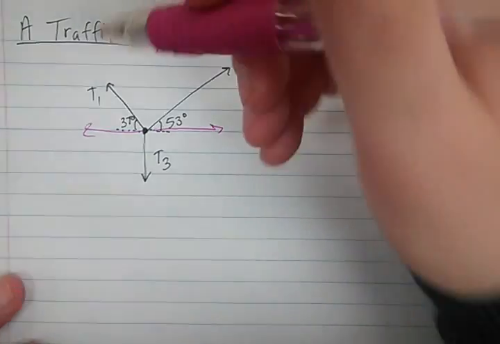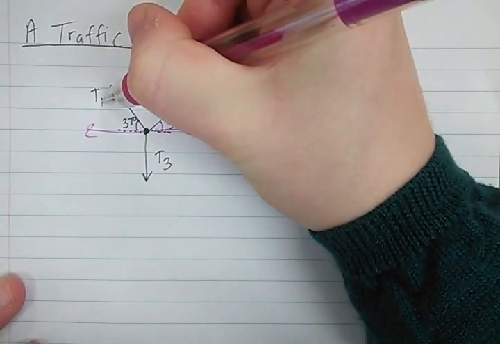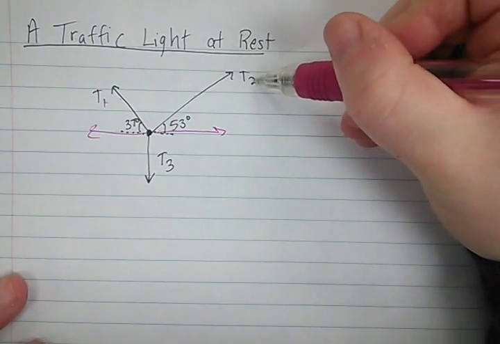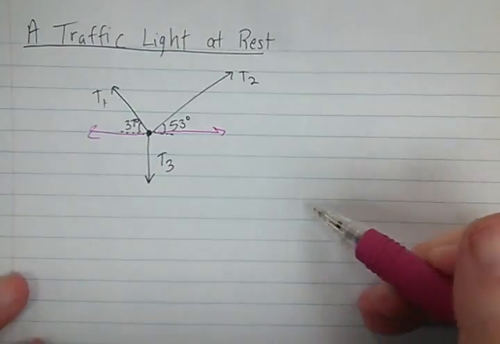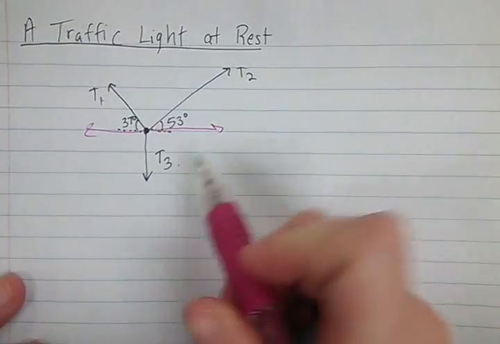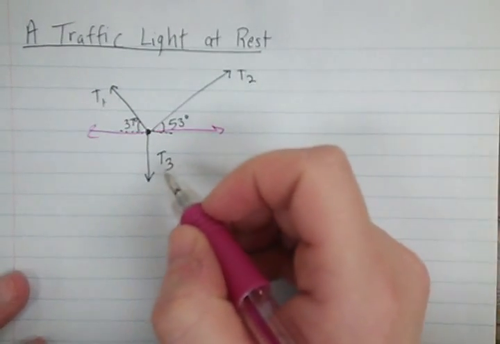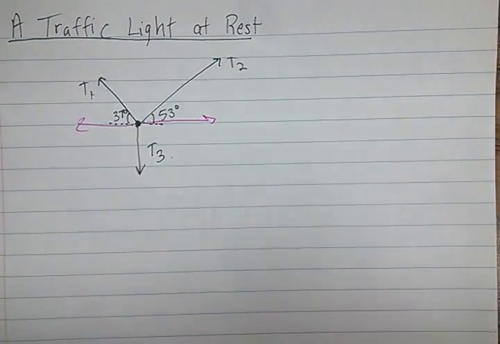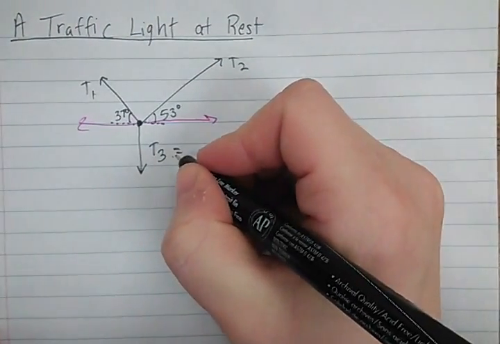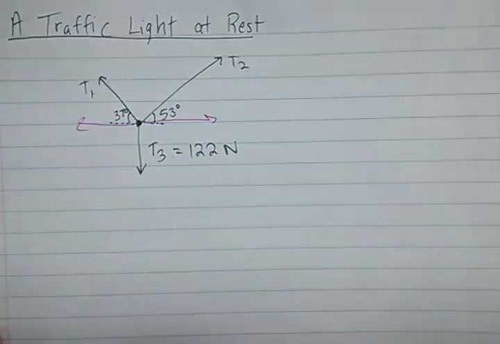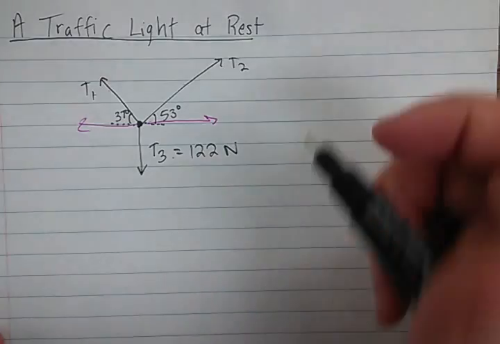So we know that the y component of T1 plus the y component of T2, in order for them not to break, have to be equal to T3. We also know that T3 is going to be equal to the weight of the traffic light. So right off the bat, we know that T3 is equal to 122 newtons.